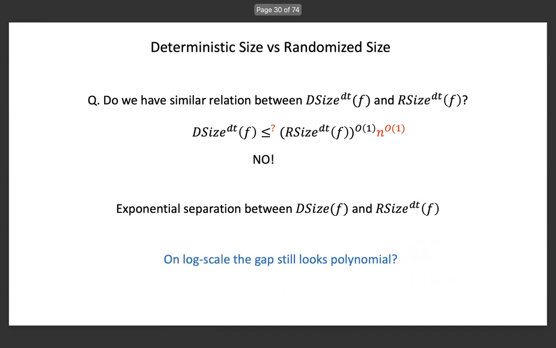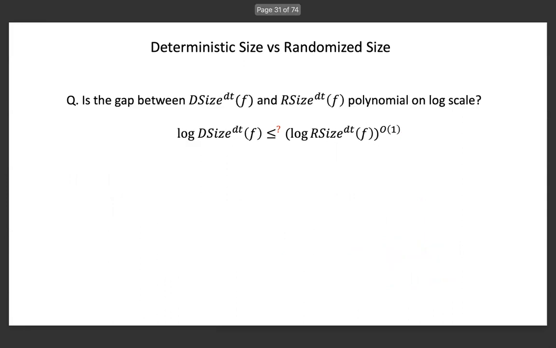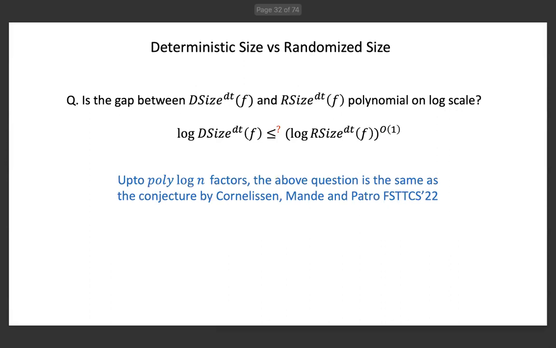But if we look closely, it seems that on the log scale, the gap is still polynomial. Okay? And so one can ask whether log of deterministic size and log of randomized size are polynomially related. And up to polylog factor, this question is exactly same as a very recent conjecture by Chattopadhyay, Mande, and Sanyal in FSTTCS 22.